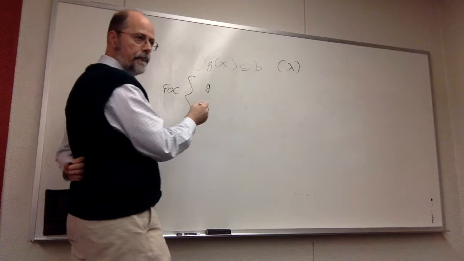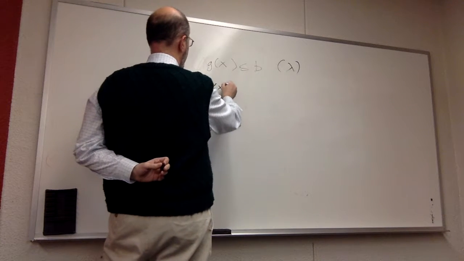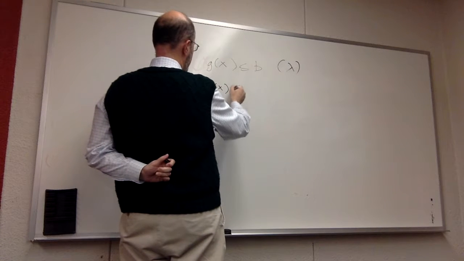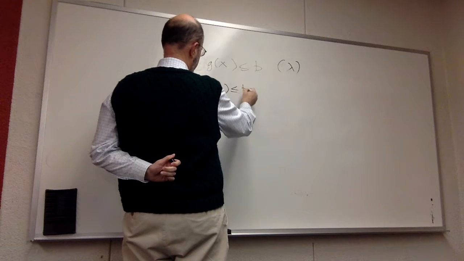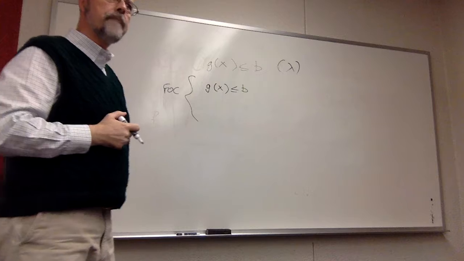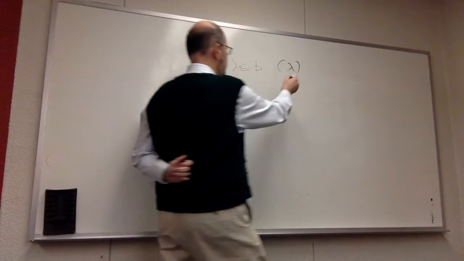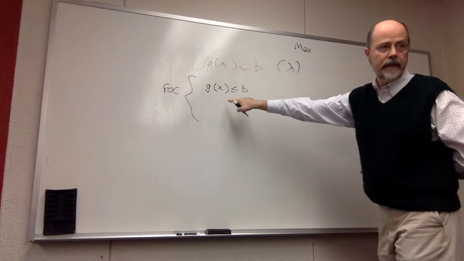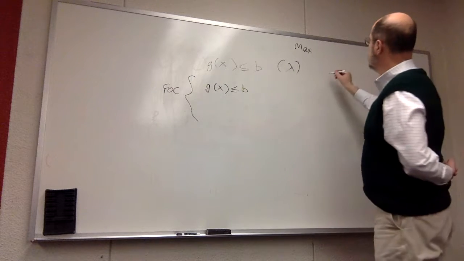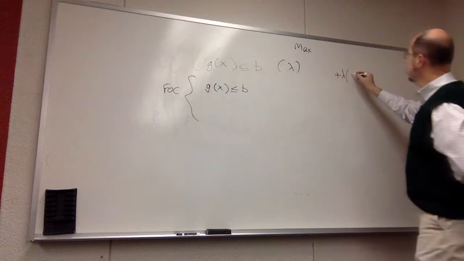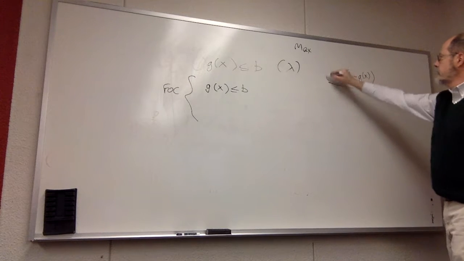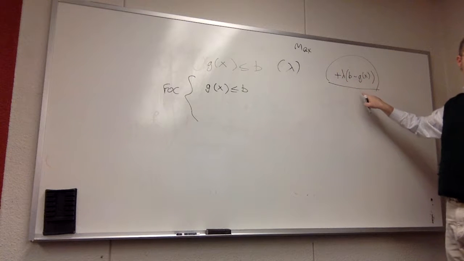Three things. First, the g of x, of course, must respect the constraint. By the way, if it's a max problem, in order for the next thing I'm going to write to be correct, you need to write the constraint like this in your Lagrangian.